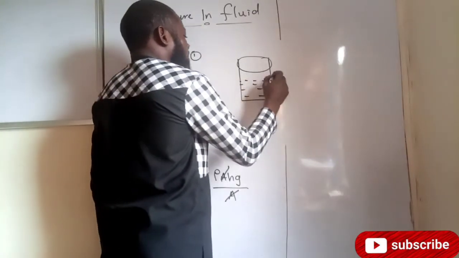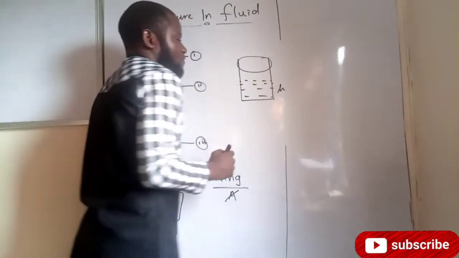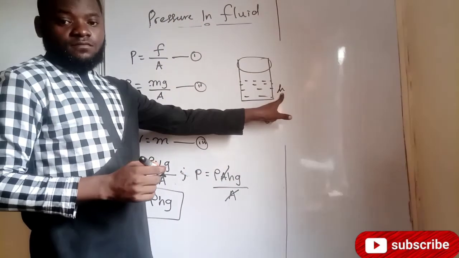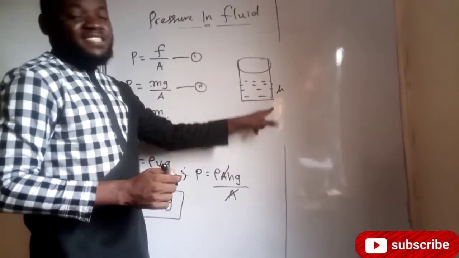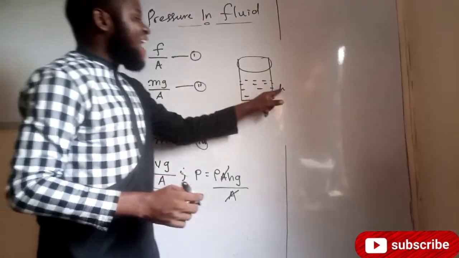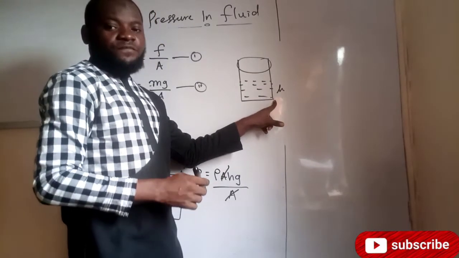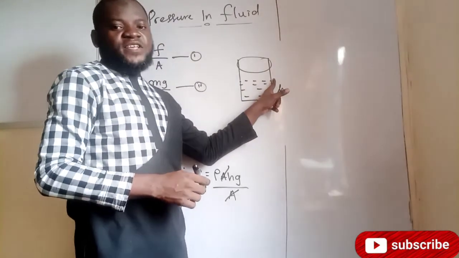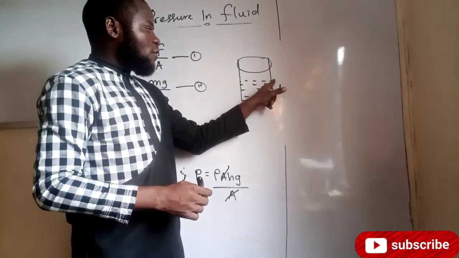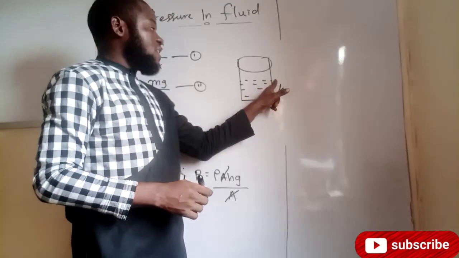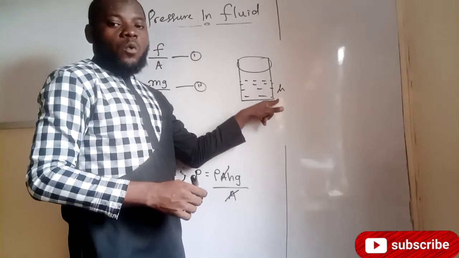Now, when you talk about the height h, this is the height h that we are talking about. And this height is not the height of this cylinder, but the height from the base of the cylinder to the surface of that particular fluid. That is the height from the top of the fluid downward.